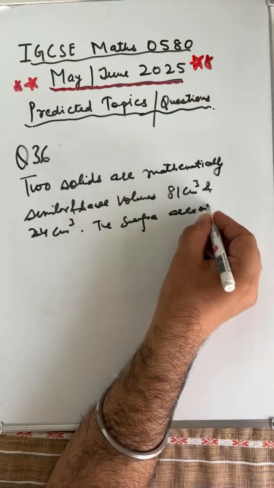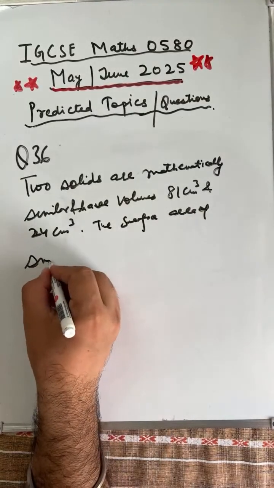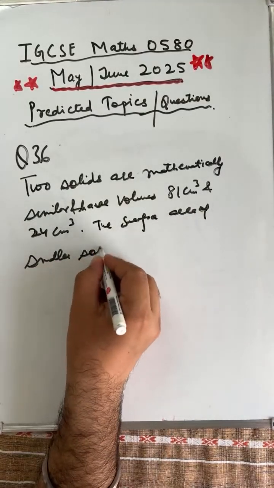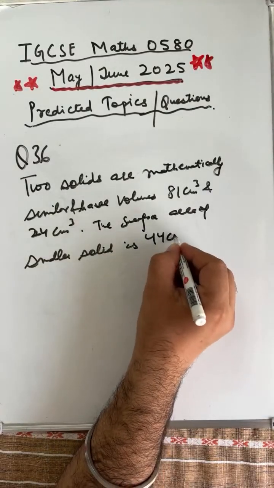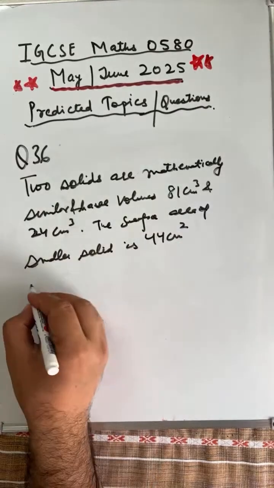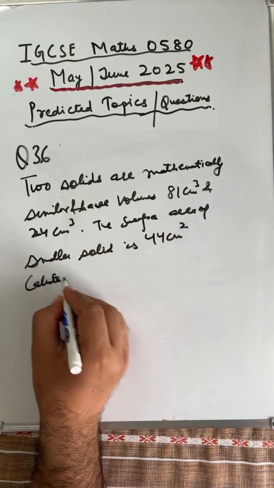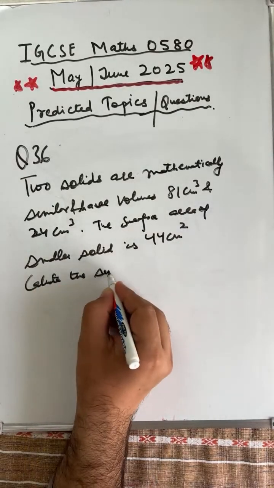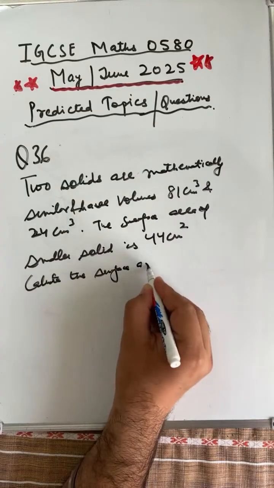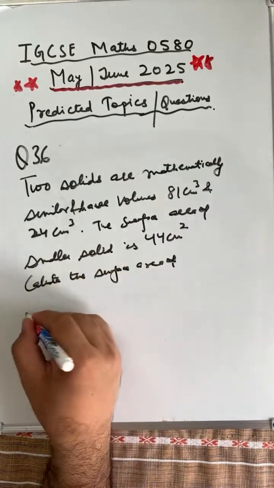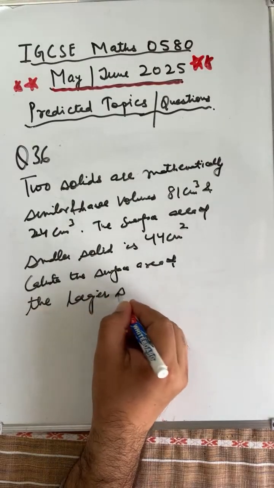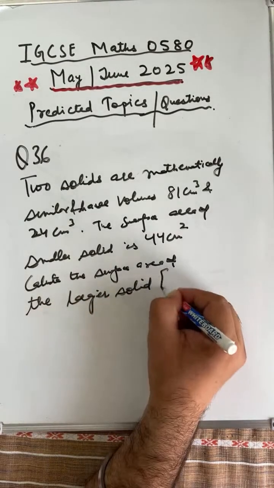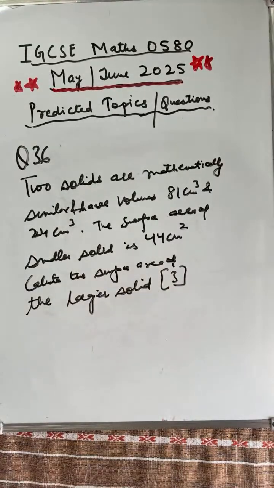The surface area of the smaller solid is 44 centimeter square. Calculate the surface area of the large solid. This is of 3 marks. This is very important.